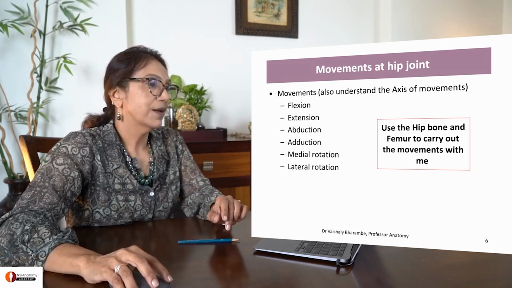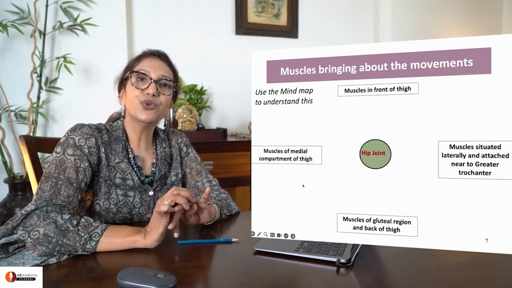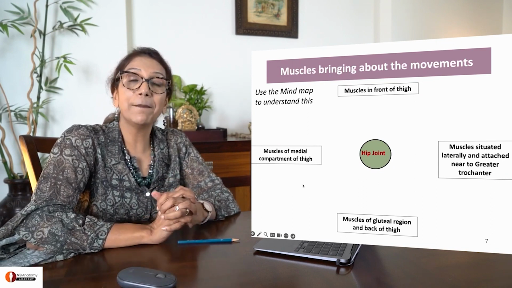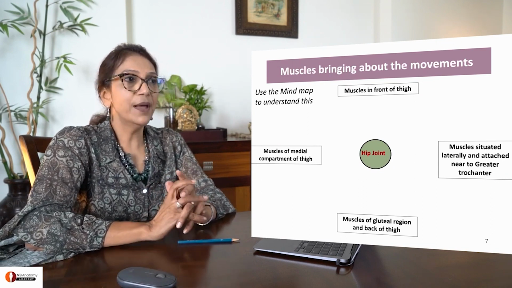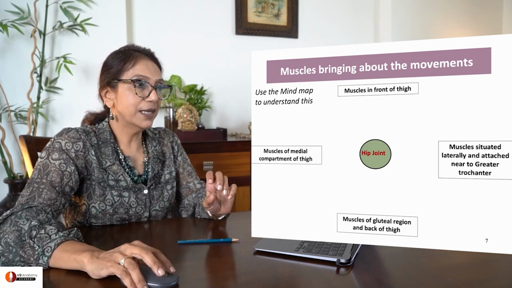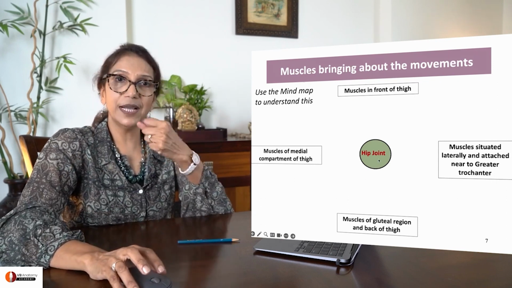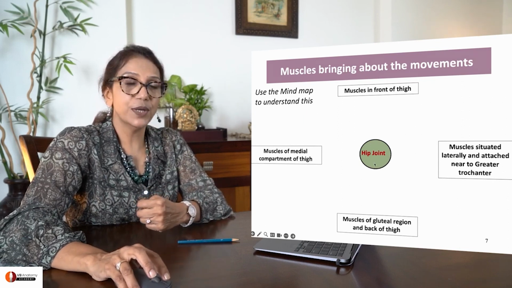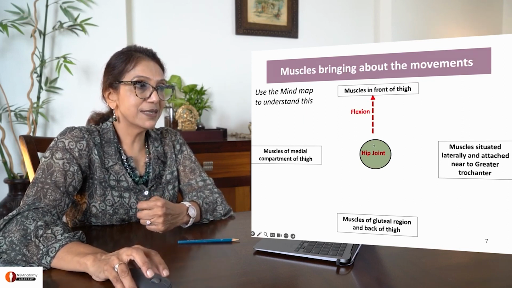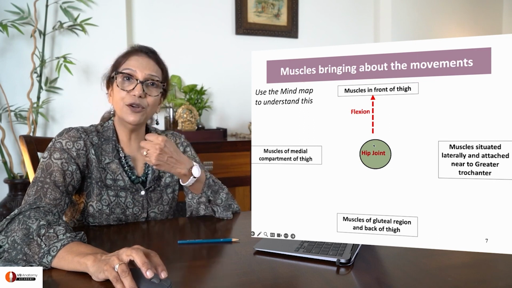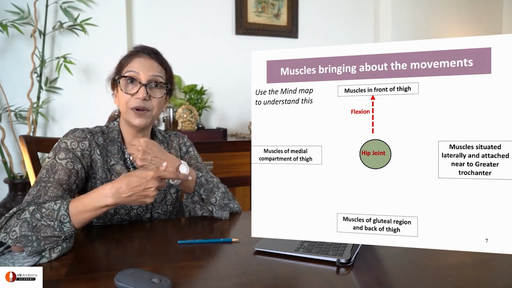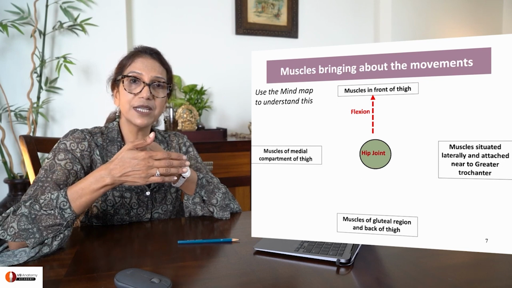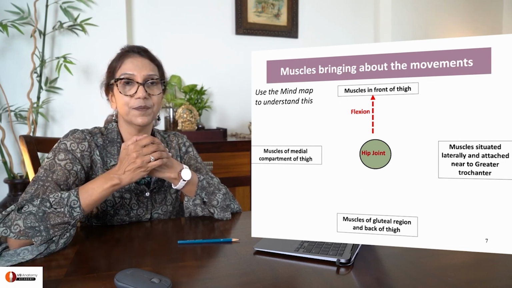Now I want to show you something called mind mapping. In my mind, I'm going to create a hip joint. I've already done this with the wrist with you. Here is your hip joint. All the muscles which lie in front of the hip joint, remember I told you femoral triangle region, will be flexors.